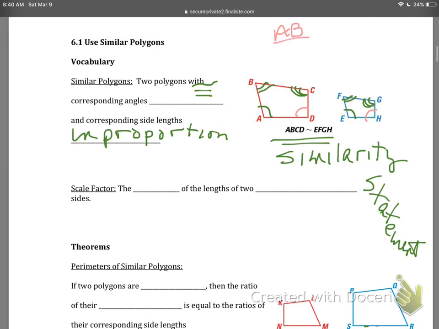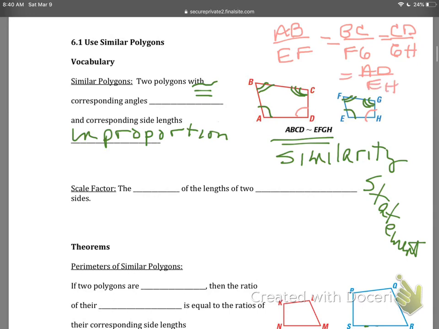AB is to EF, just like what comes next, BC is to FG, just like CD goes with GH, and that is just like AD goes with EH.